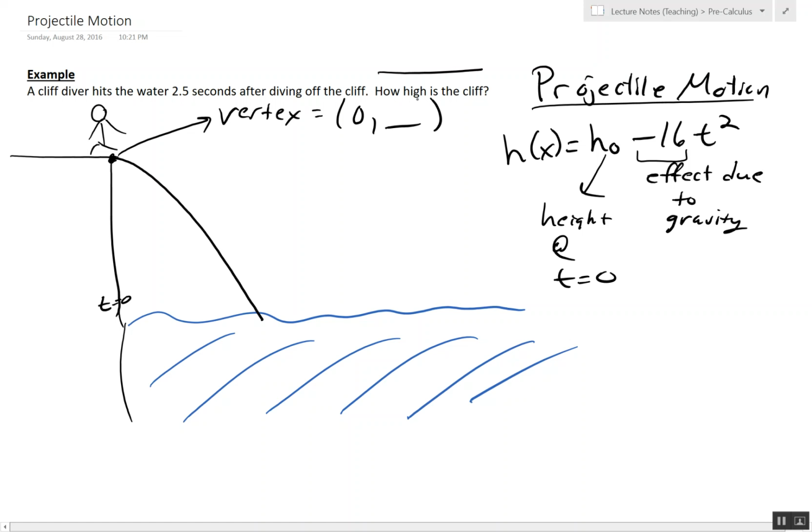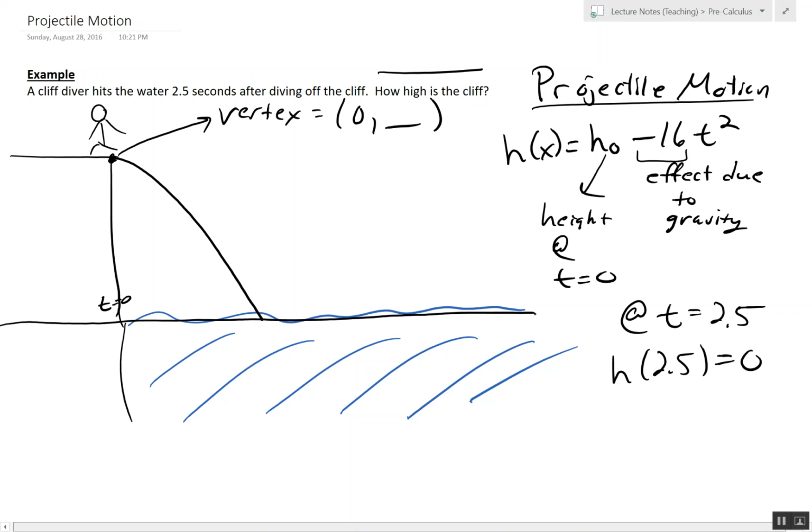So what we know is that at t equals 2.5, h of 2.5 is 0, because this is going to measure height above the water. So the surface of the water is going to act as the x-axis, and so when we hit the top of the water, we're hitting the x-axis, so we know that the y-coordinate is 0.